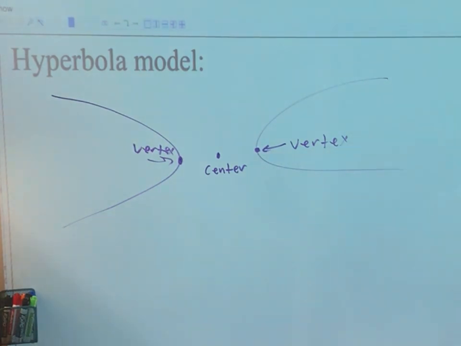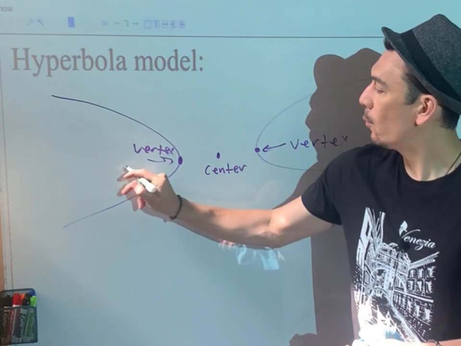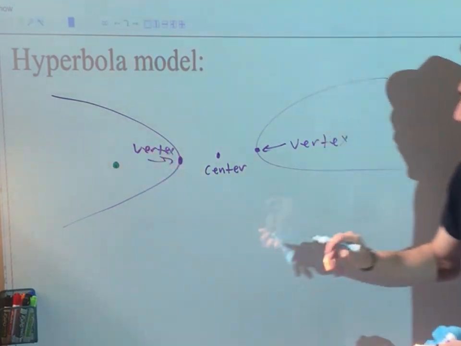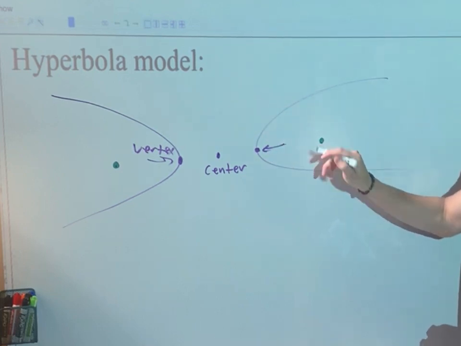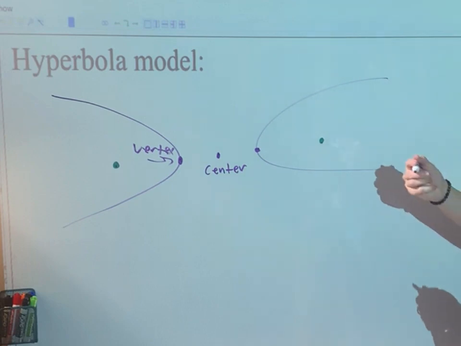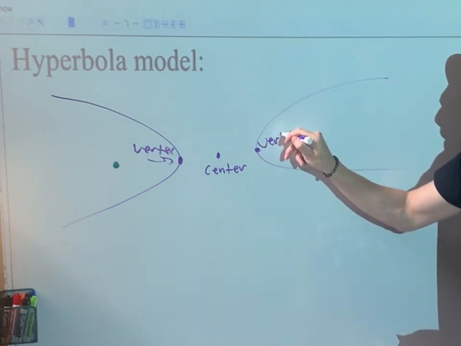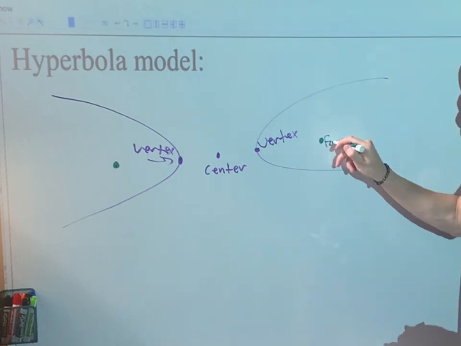And then what we are going to have is our foci. One of them is sort of going to be like right there, and the other one is sort of going to be like right here somewhere, okay? So we're going to have a vertex, and we're going to have a focus and a focus. So that's a vertex there, and this is a focus here.